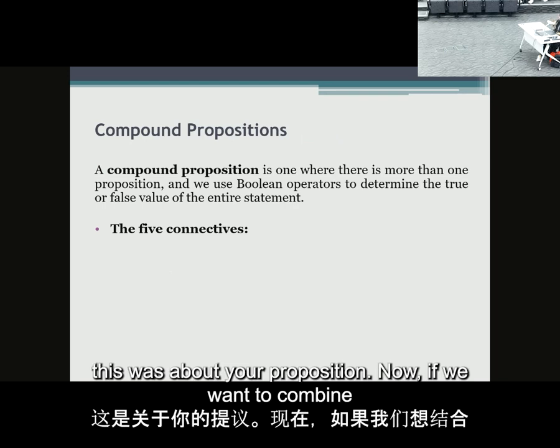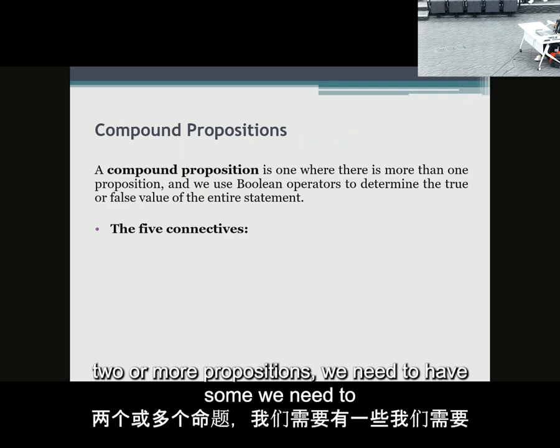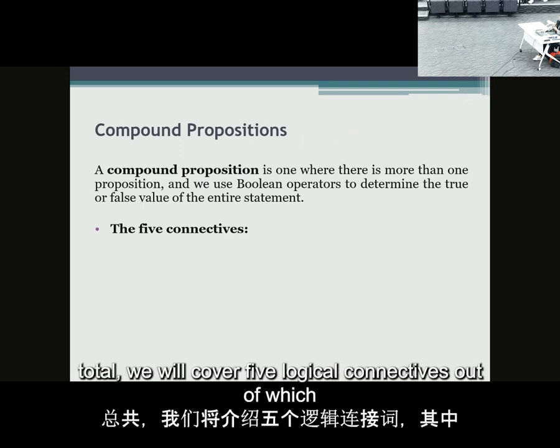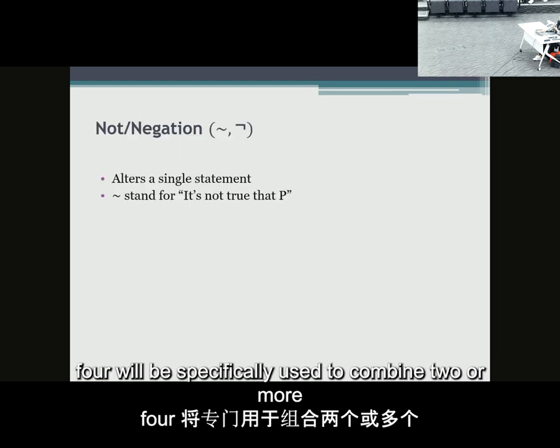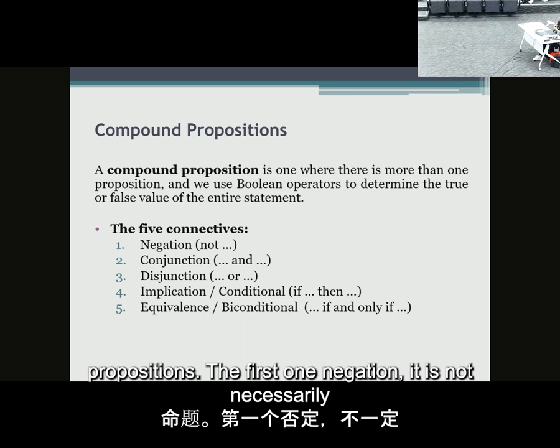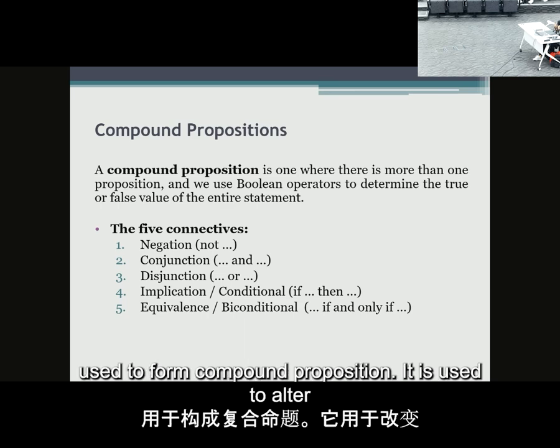Now, if we want to combine 2 or more propositions, we need to have some operations or some connectives. In total, we will cover 5 logical connectives, out of which 4 will be specifically used to combine 2 or more propositions. The first one, negation, is not necessarily used to form a compound proposition.